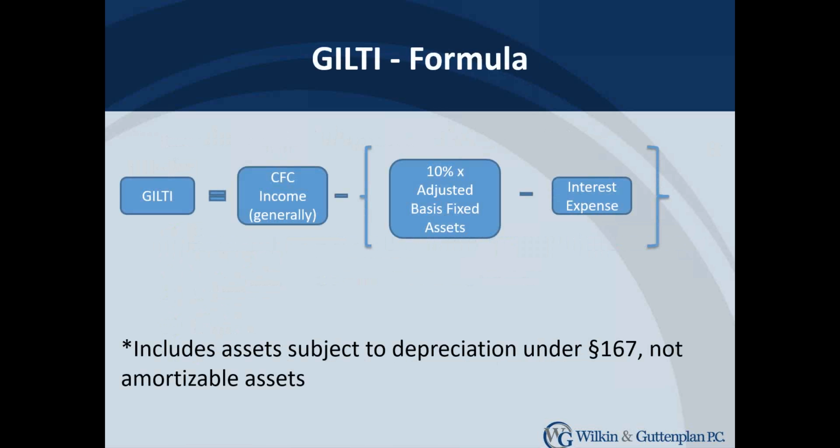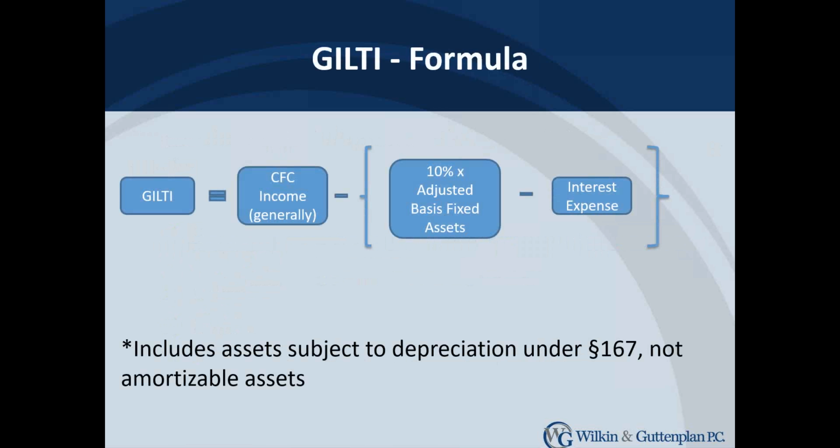The concept here is if I'm making money in my CFC that's greater than a reasonable rate of return, I'm going to have this GILTI income that is subject to current U.S. taxation. Similar to Subpart F, whether it's a dividend, brought back or not, I'm going to pay tax on it currently. So how do we figure out what's an excessive rate of return? For purposes of the GILTI tax, I look at the adjusted basis of my fixed assets, the hard assets that I'm depreciating in my business, not intangibles like goodwill or IP.